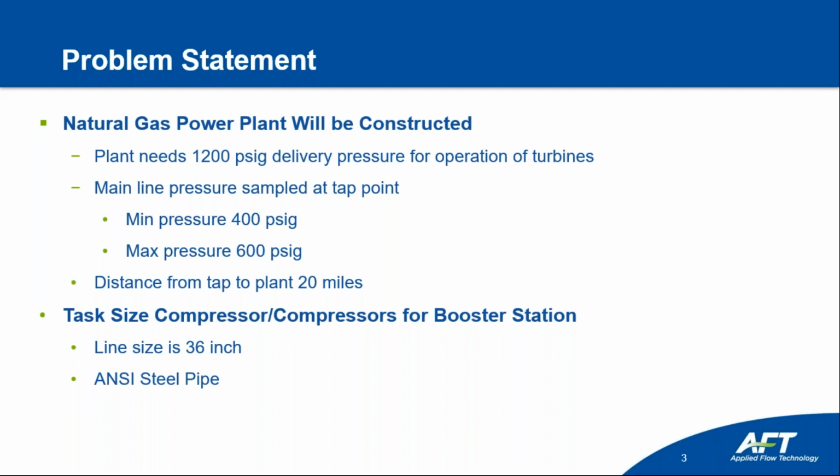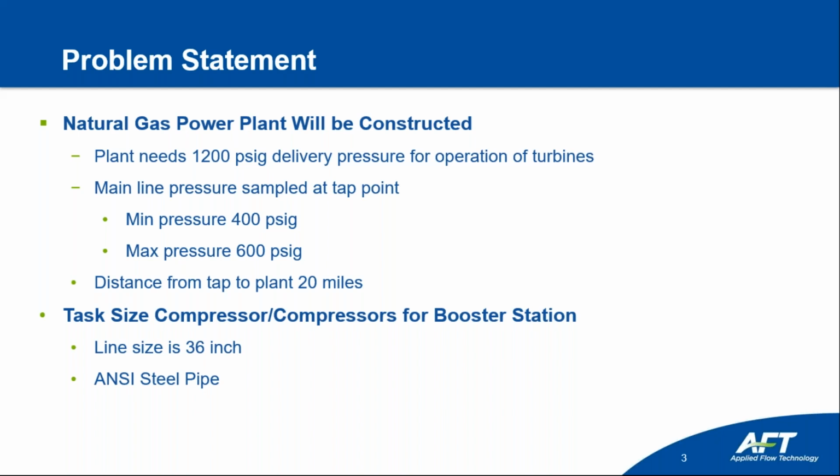And some sampling was done at the tap point that we're looking to hook up to. They found that the minimum pressure at that location would be about 400 psig, max pressure about 600 psi. And there's about 20 miles worth of pipe between the tap location and where they're looking to build the plant.